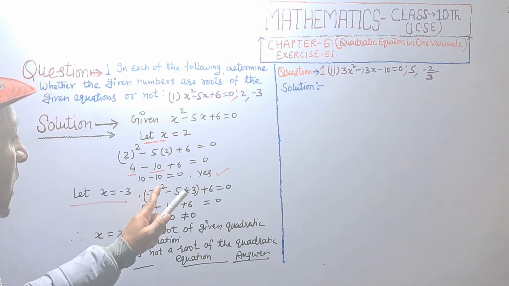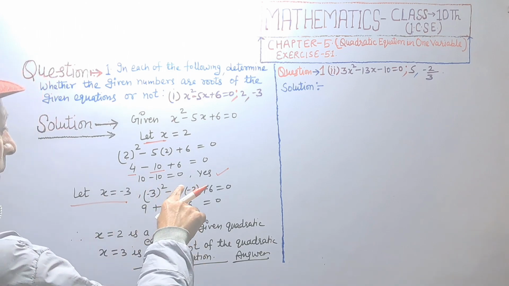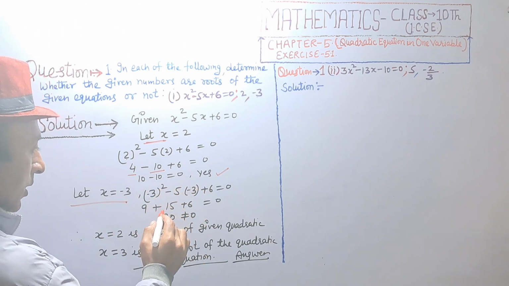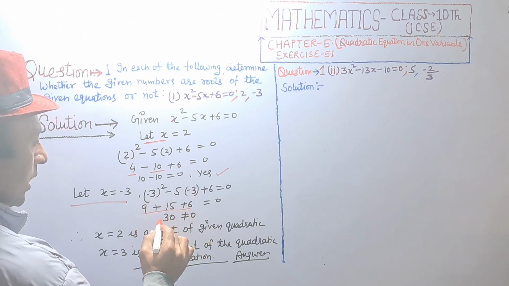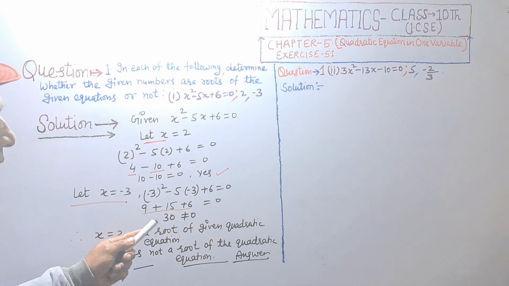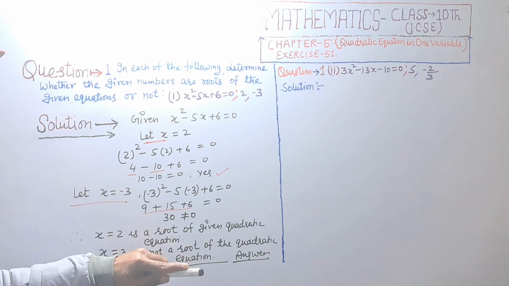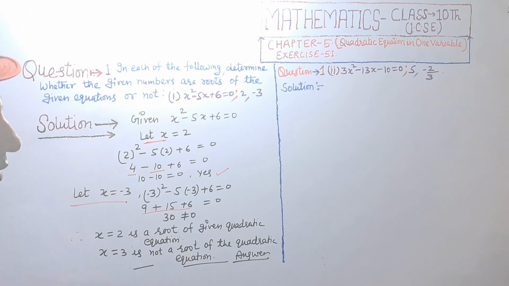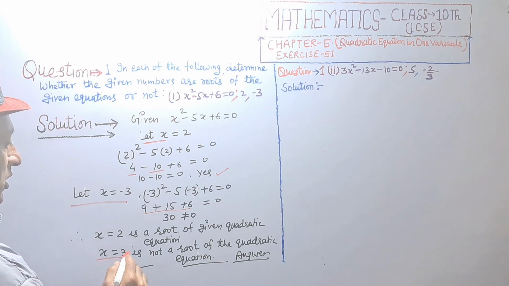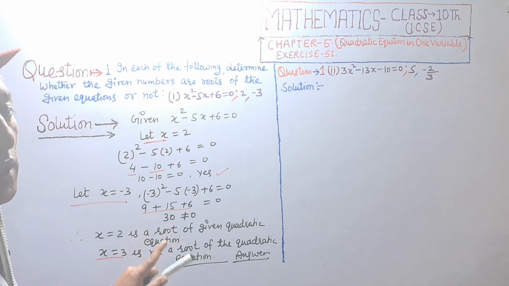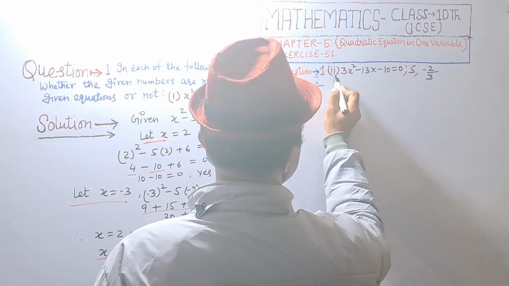Minus square, that will be positive. 3 square is equal to 9, and minus into minus is positive. 5 3s are 15 plus 6, and their sum is 30, which is not equal to 0. So x is equal to 2 is a root of the given quadratic equation, but x is equal to 3 is not a root of the given quadratic equation. Hence proved.